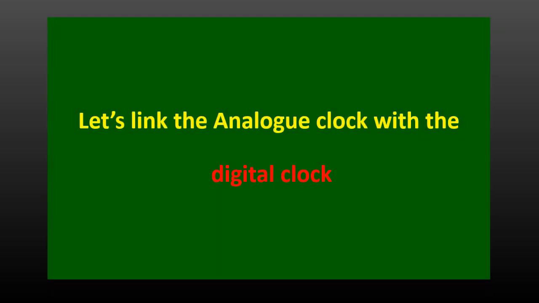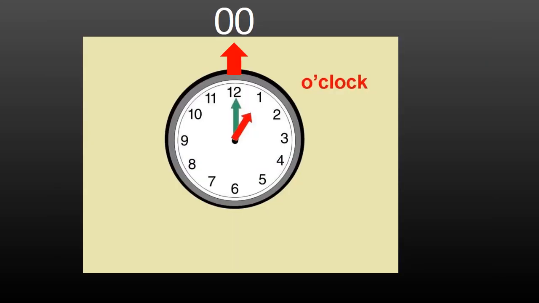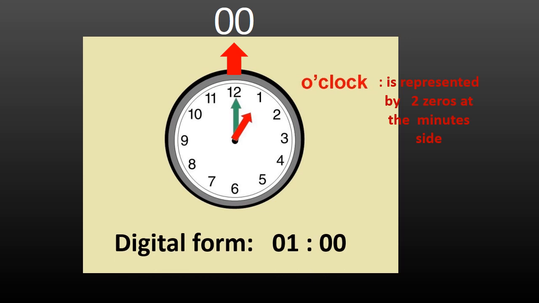Okay, let's link the analog clock with the digital clock. Now, when the long arm is on the 12, we know that we say o'clock. So when the long arm is on the 12, we put two zeros on the minutes side of the digital clock.